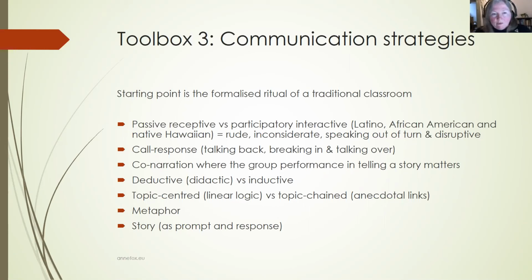So basically what we're listing here is different types of communication strategies, which maybe don't fit in the normal business context necessarily, but maybe we should be a little bit ready to play around with different types of communication.